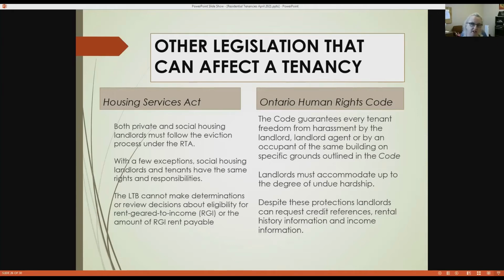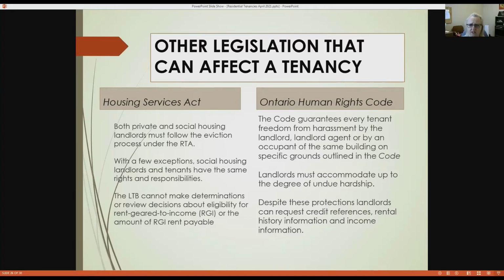Start before you even end up with a notice or end up at the Landlord and Tenant Board. Once something goes to the Board, tenants become responsible for the landlord's cost of filing, which is another financial burden on them. So the earlier you can resolve something, the better. Here at the legal clinic, we work well with our local housing providers and can assist and negotiate as necessary, but communication is key, especially with social housing.